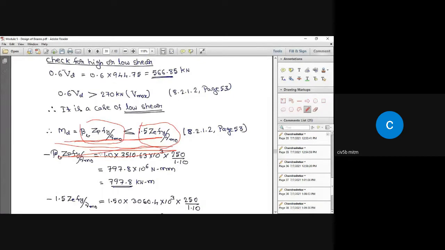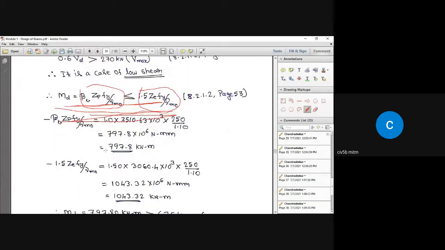So find out these two values. Beta b Zp Fy divided by gamma m0 is equal to 797.8 kilonewton meter. So what is the Zp value?